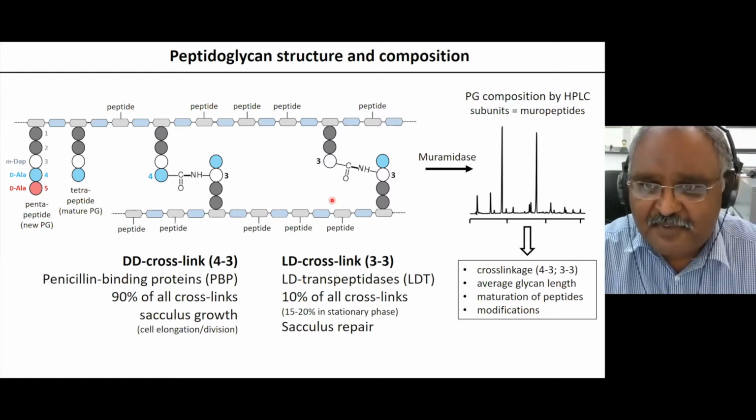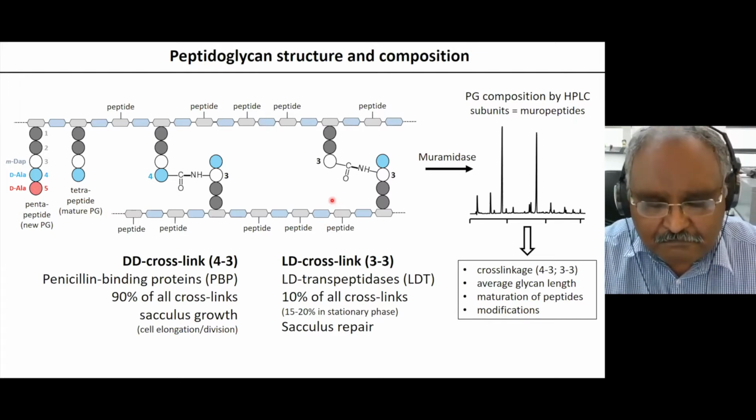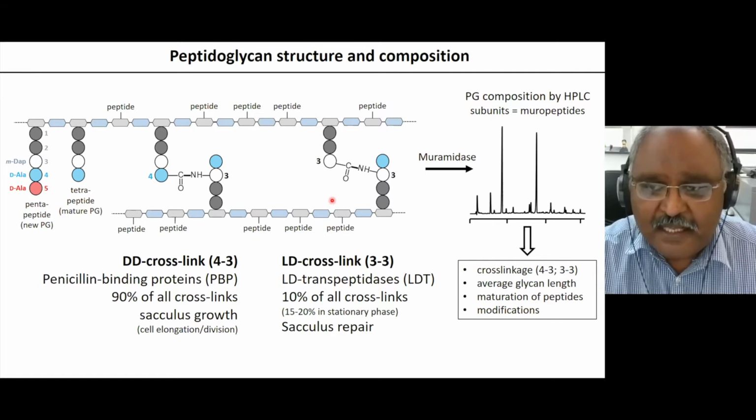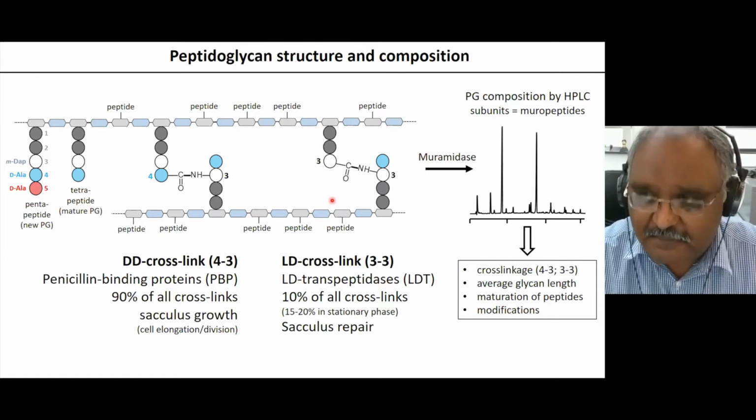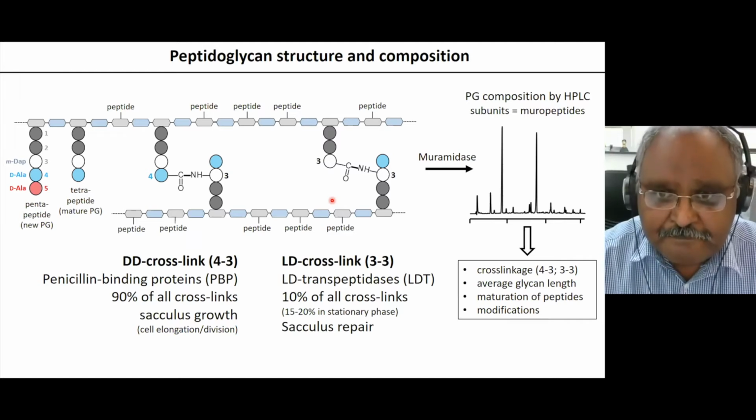This gives us information on the crosslinks, the average glycan length in terms of the number of glycan molecules, the maturation of the peptide, and any modifications that can be seen on the peptidoglycan.